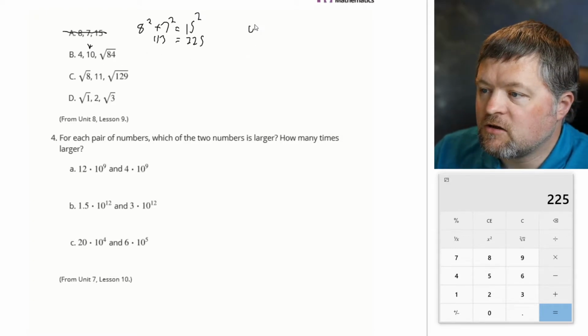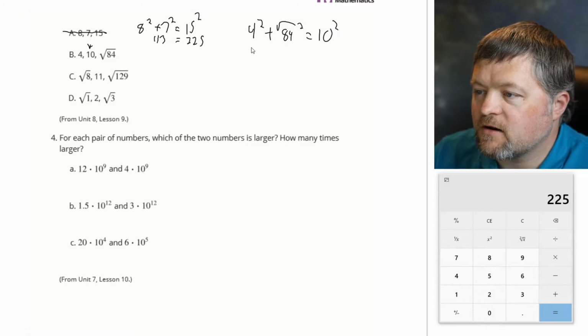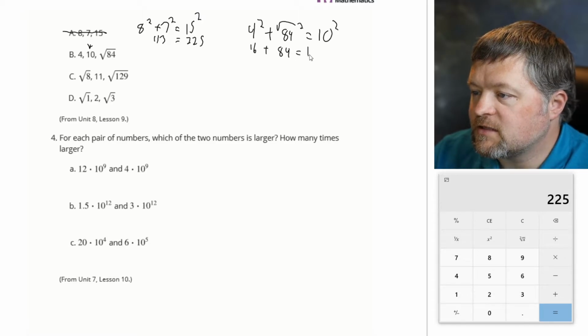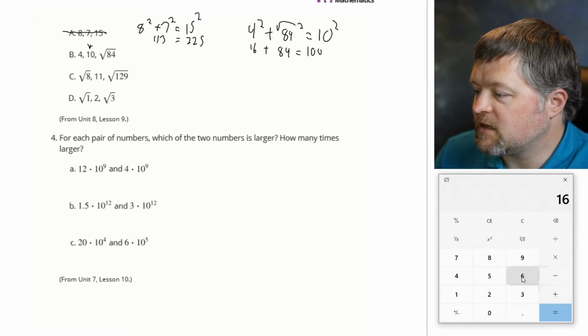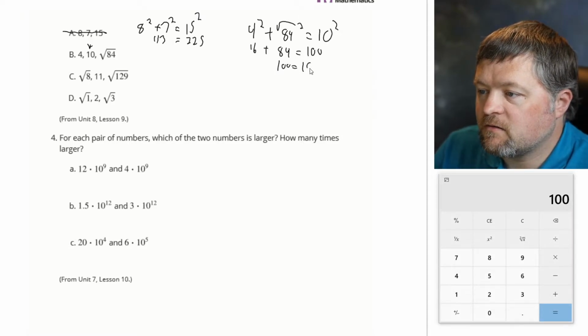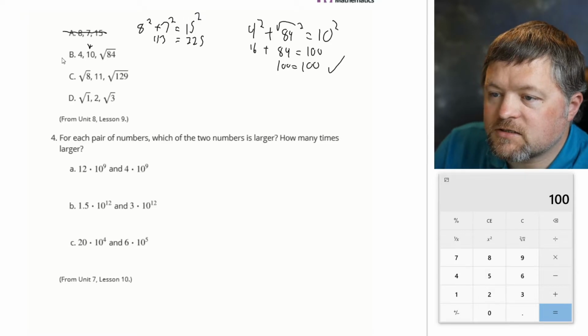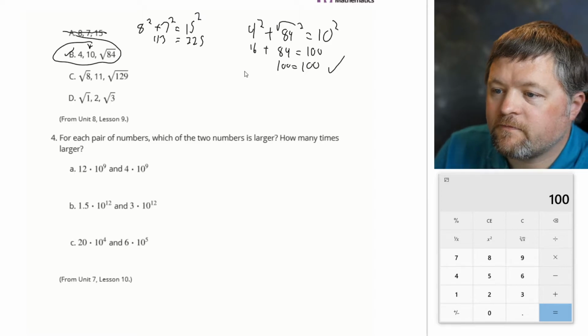So does 4 squared plus the square root of 84 squared equal 10 squared? 4 squared is 16. Square root of 84 squared is 84. 10 squared is 100. 16 plus 84 is 100. 100 equals 100. That works. B is a right triangle.